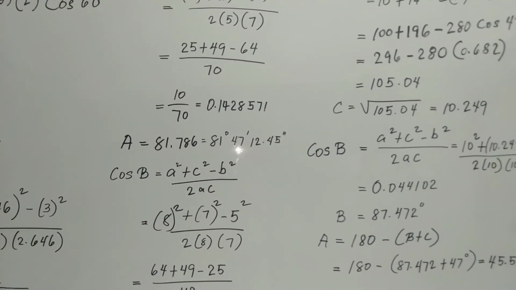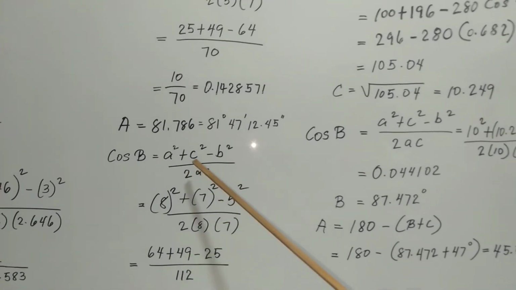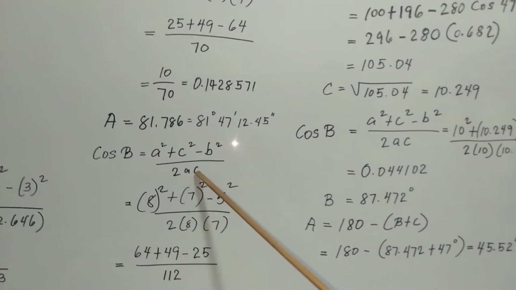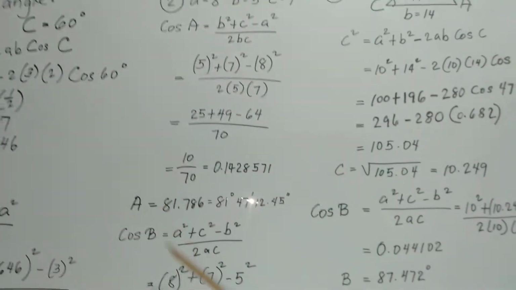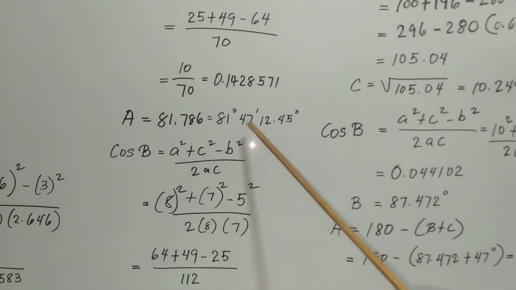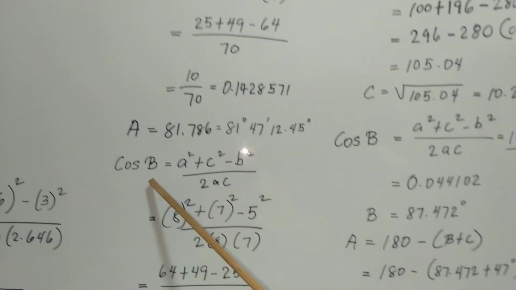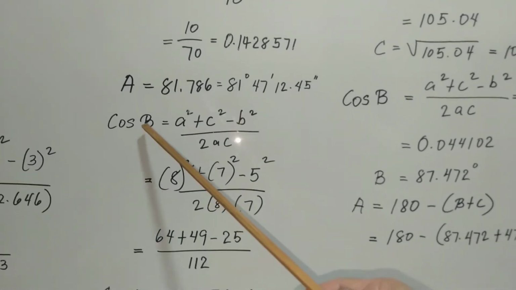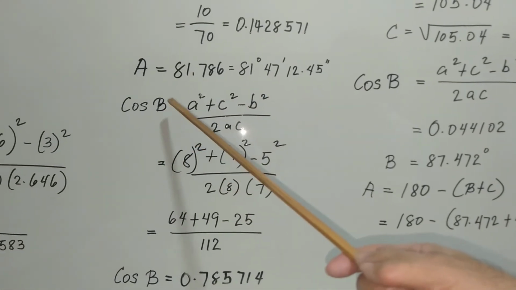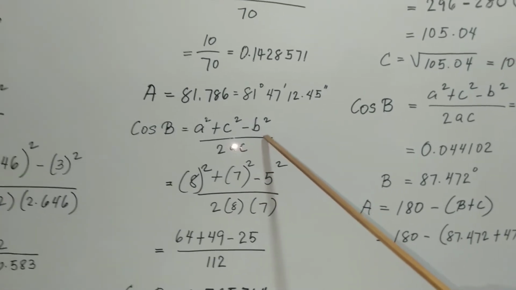So similarly, to get the value of cosine B, make use again of the 3 sides. So a squared plus c squared minus b squared. As you can notice, the included angle will be negative in sign.